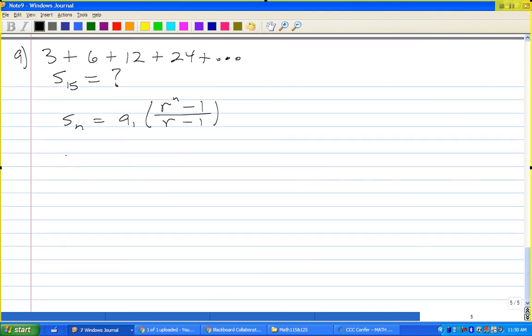I want to find the sum of the first 15 terms. The first term is 3.